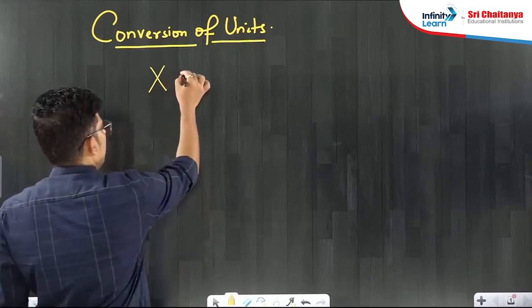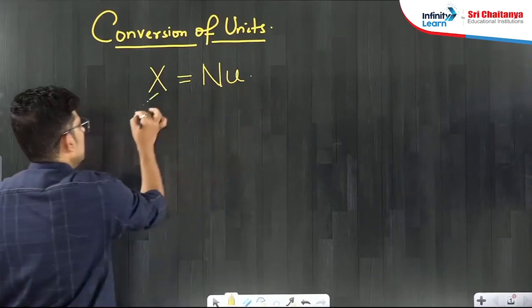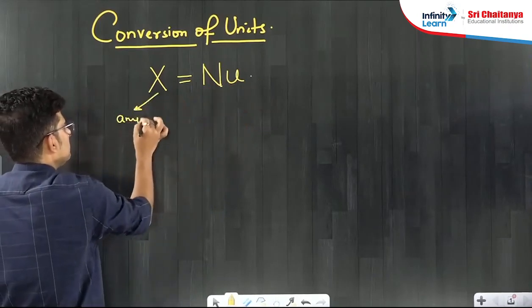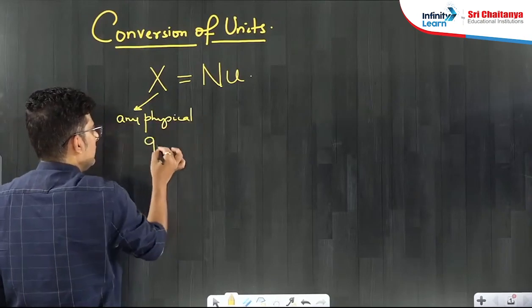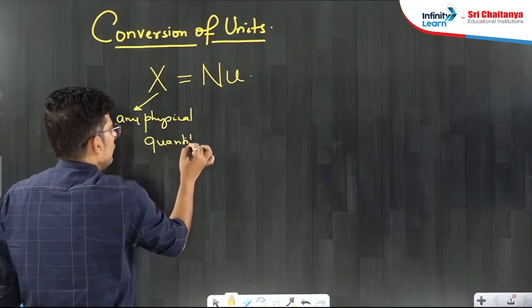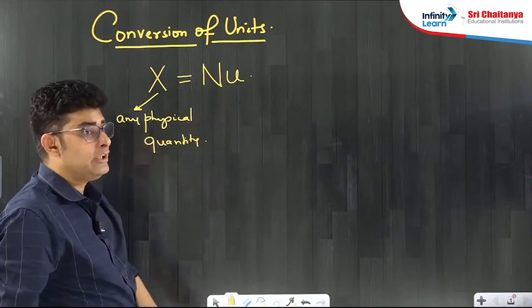So whenever we take a physical quantity, suppose I am taking the physical quantity as x. This x is any particular amount of physical quantity we are taking. So this physical quantity that can be measured is represented as nu.